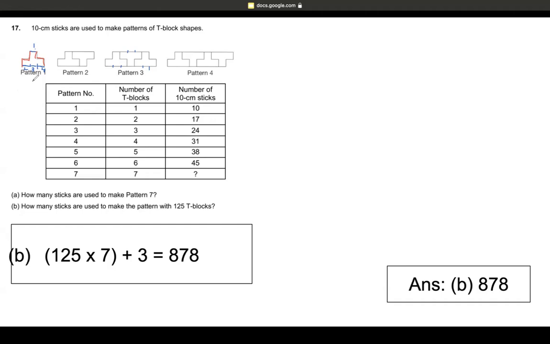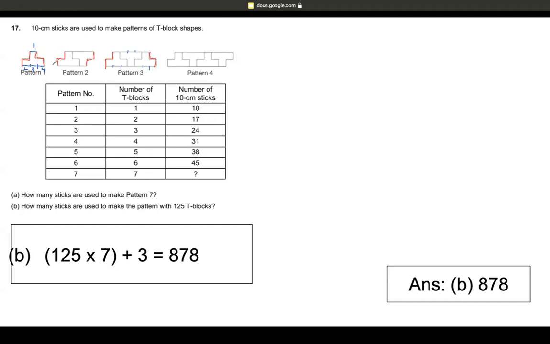So if, let's say, there's one T block, there are 4 sticks of the perimeter that you need to count. Then you need to add the 2 sides. The one at the sides will always be 6. Correct? So here also, if you notice, pattern 3, 1, 2, 3, 1, 2, 3. So whatever the pattern is, you must always add 6.